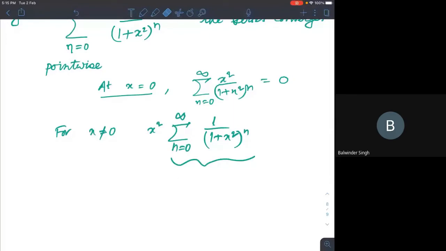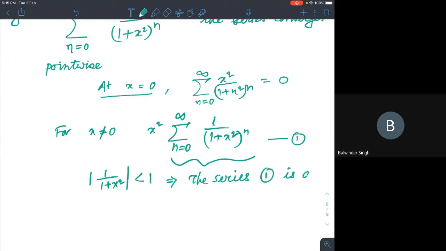Maybe I should write it also. Mod of 1 by 1 plus x squared is always less than 1, and the series is a convergent geometric series, right?